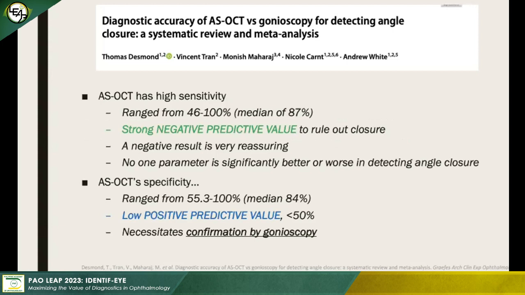The results showed that anterior segment OCT has high sensitivity with a strong negative predictive value to rule out angle closure, and a negative result is very reassuring. But they noted that it had a very low positive predictive value, less than 50%, meaning that if you had findings in this, it would still necessitate confirmation by gonioscopy.